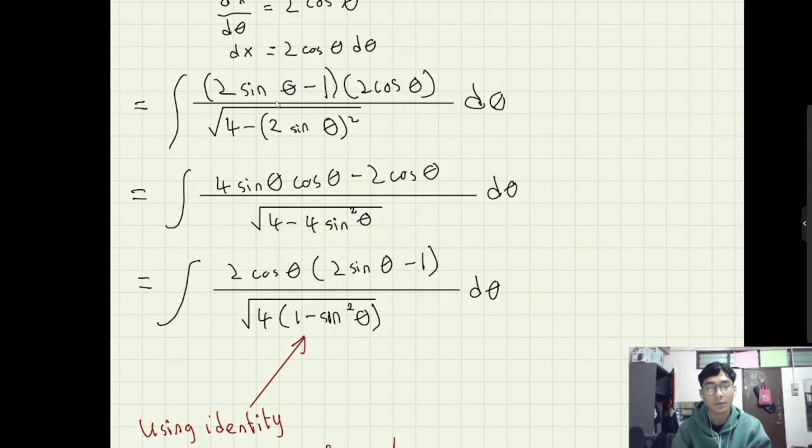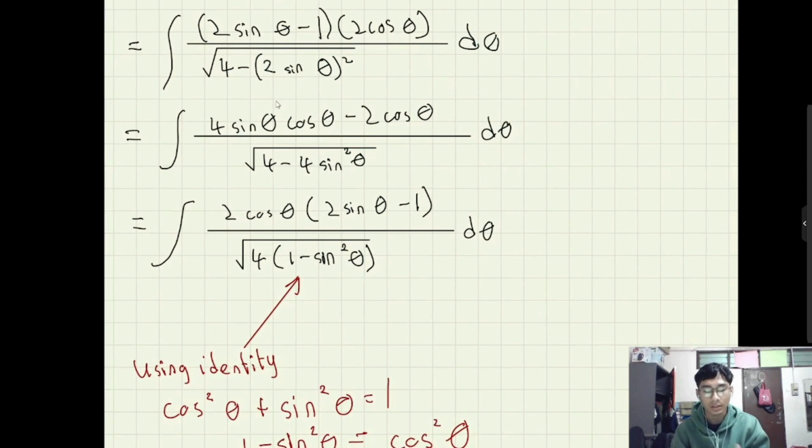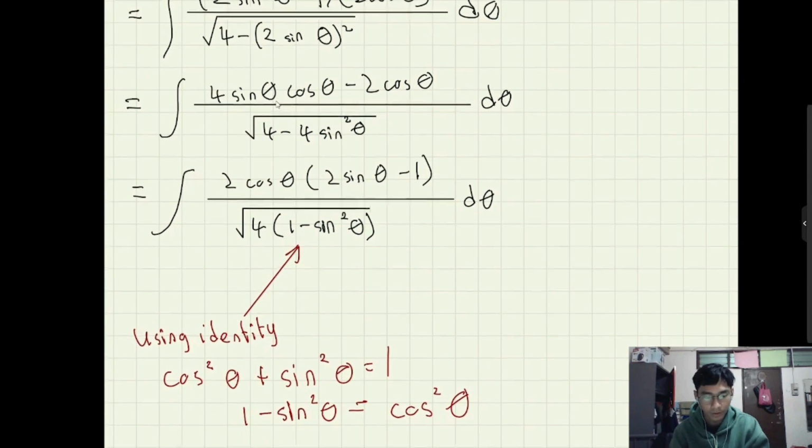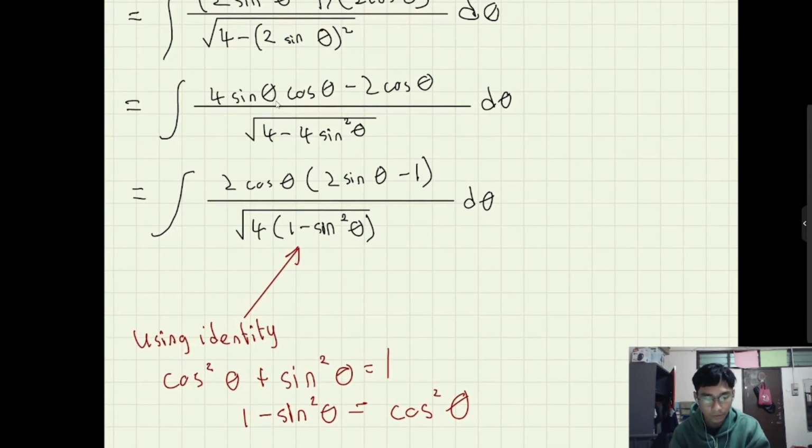After this step, what we must do is factorize. We get 2 cos theta, because we factorize the 2, multiplied by 2 sin theta minus 1. And for the bottom, I factorize the 4, and then we get 4 multiplied by 1 minus sin squared theta.